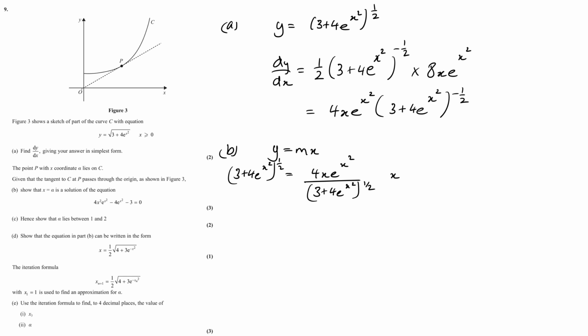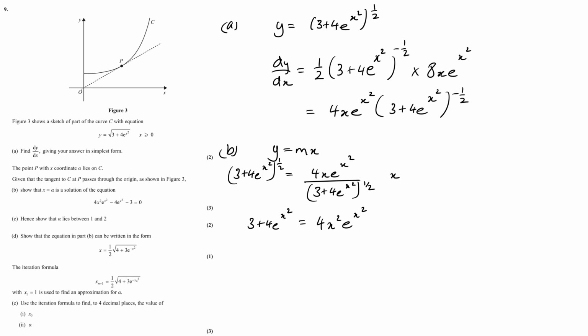Okay. So now what we can do is multiply by this. That would give me 3 plus 4e to the x squared, to the power 1, equals 4, and x times x is x squared, e to the x squared.